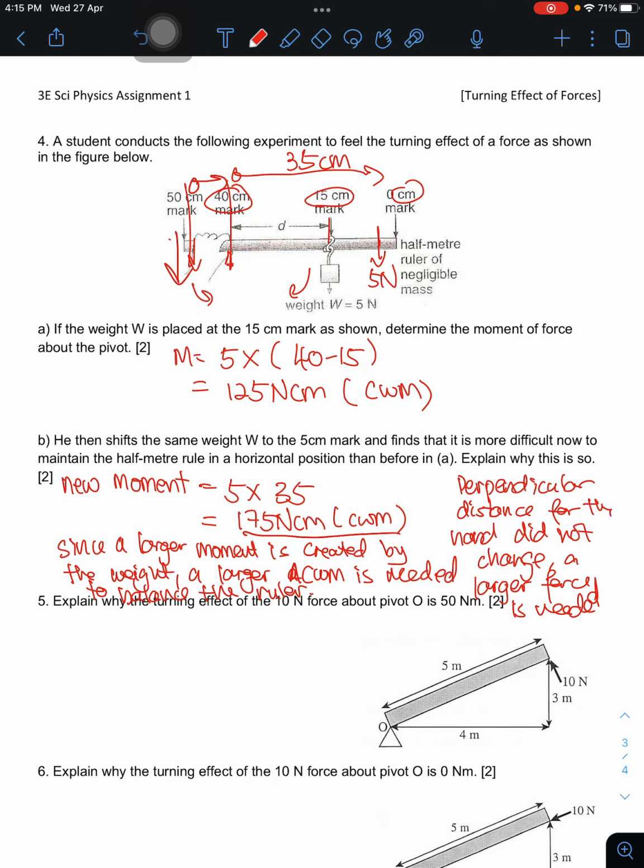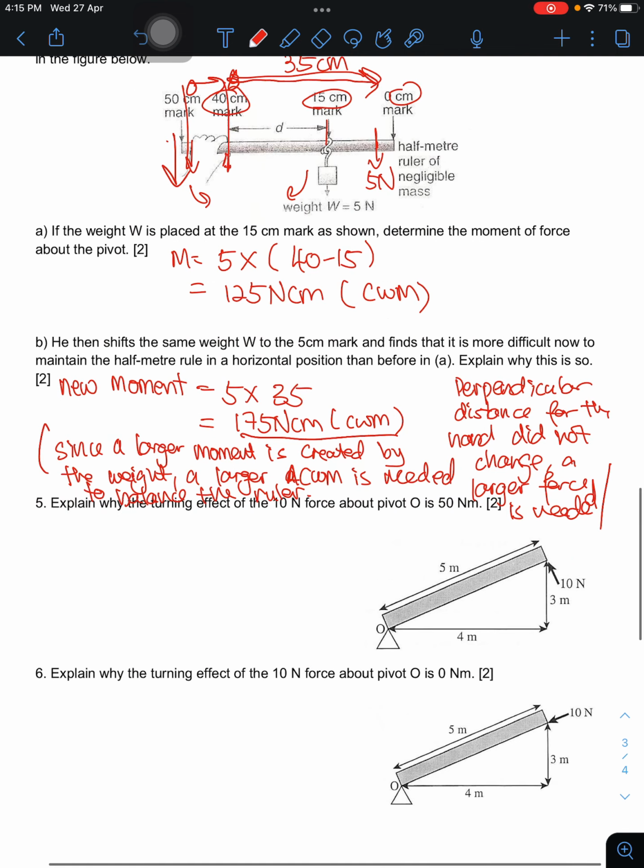But if you don't want to prove by number, then you just have to say, since the perpendicular distance between the weight and the pivot is now increased, a larger clockwise moment is generated. You don't have to show the 175 Newton cm, you just have to tell them that because of the increase in perpendicular distance, a larger clockwise moment is generated. Then you continue from here again. It's the same part.